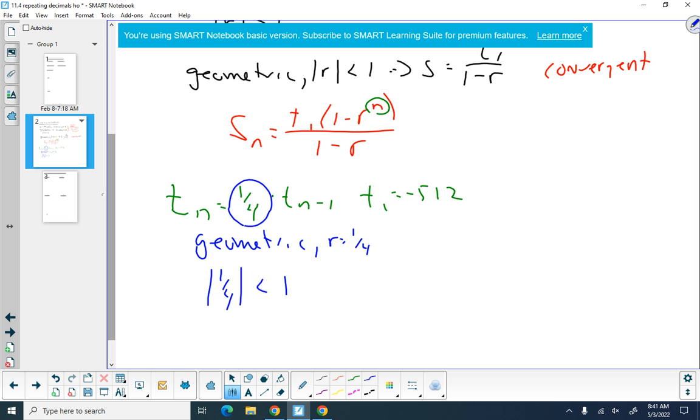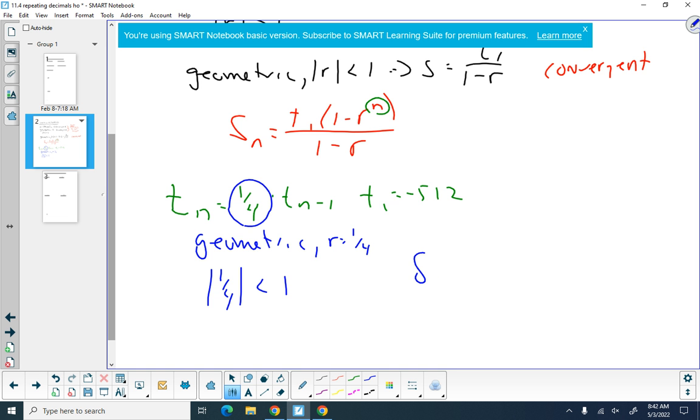I see what that is. I have S10 there rather than S infinity. All right. And I ask you for S10, that should be an infinite series then. So it should be S infinity rather than S10.